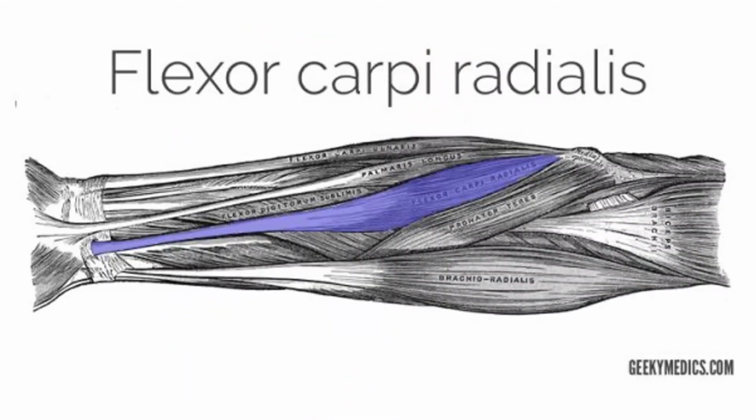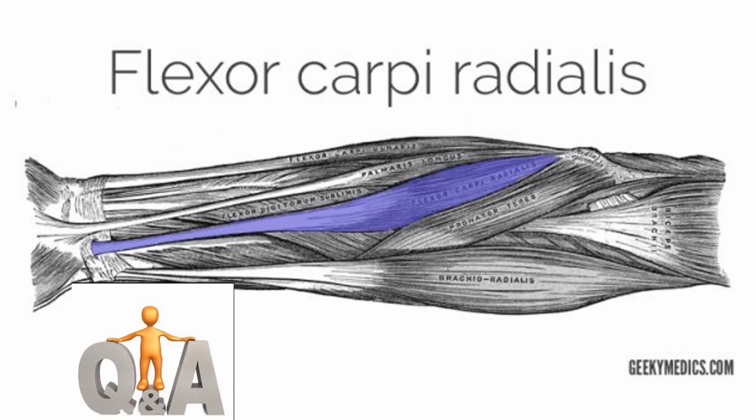The colored muscle of the anterior superficial layer of the forearm is flexor carpi radialis. So let us ask a few questions and try to answer them.